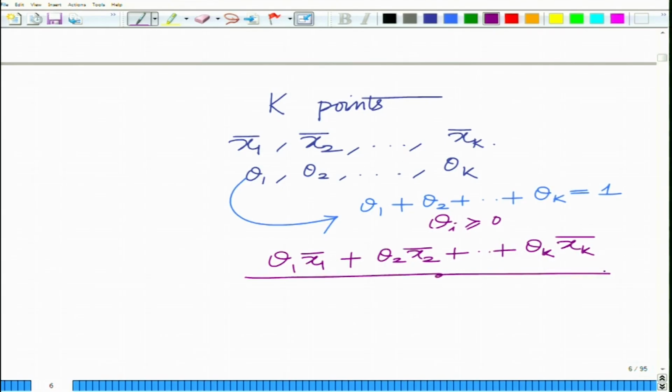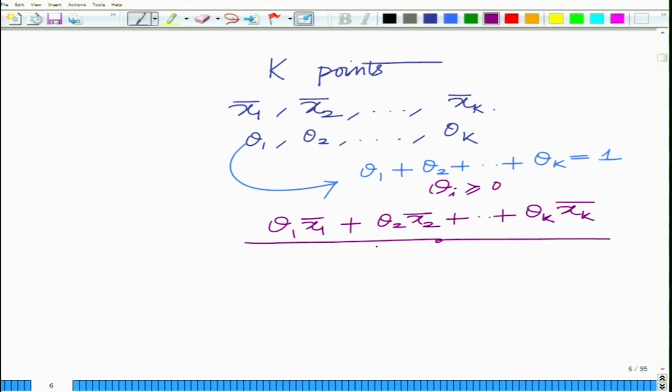This is termed as a convex combination of x1 bar, x2 bar and up to xk bar.